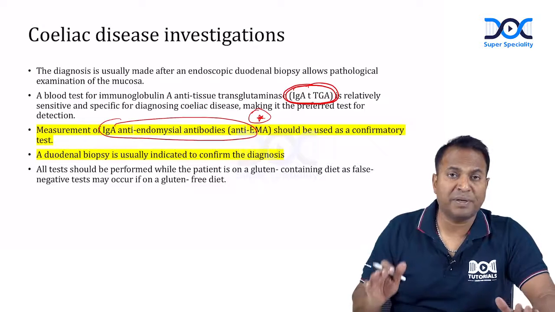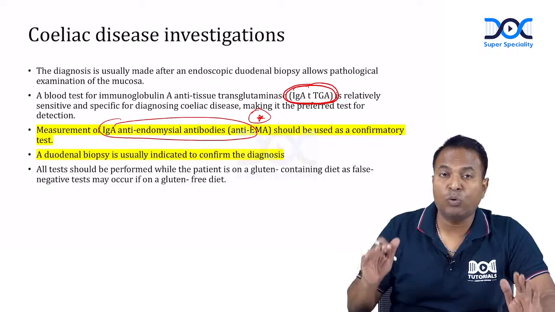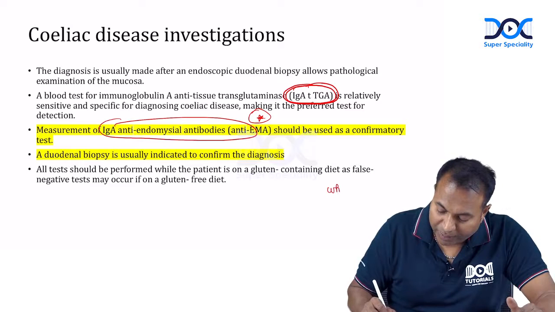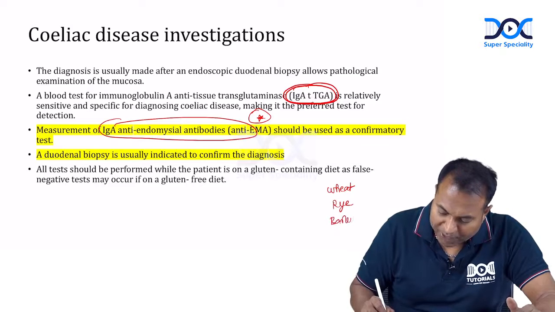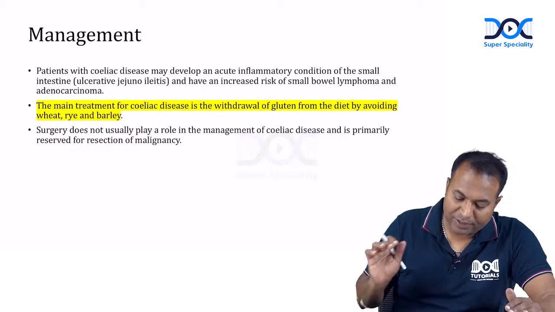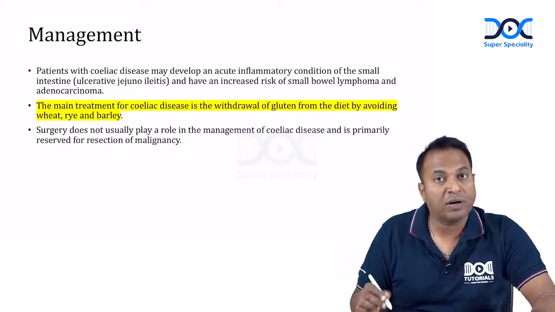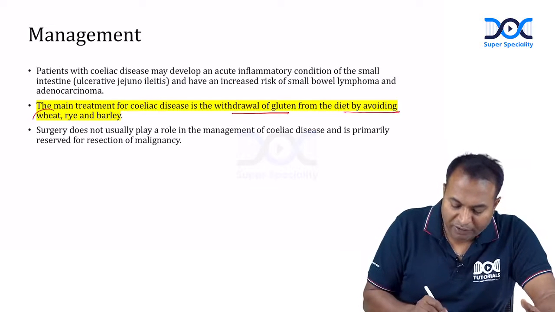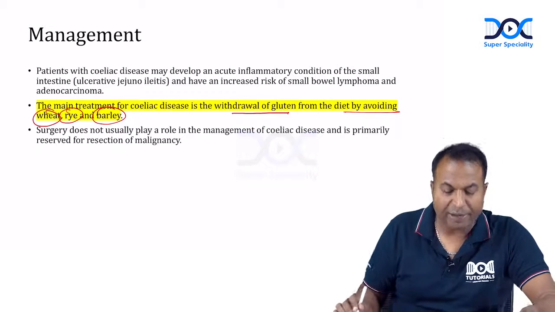All these tests must be done only when the patient is on a gluten diet, not a gluten-free diet. Gluten diet means nothing but wheat, rye, barley. The patient should be eating these three foods to have this finding. The main treatment for this condition is withdrawal of gluten from the diet, avoiding wheat, rye and barley.